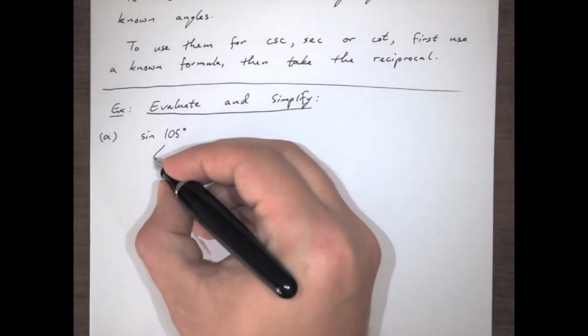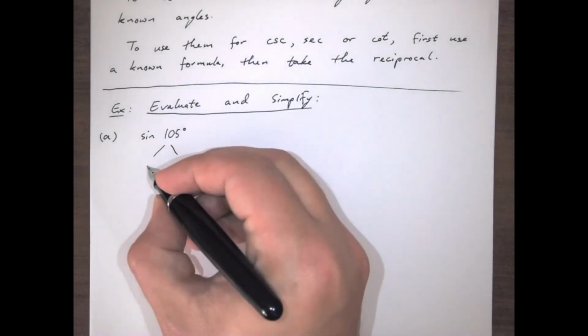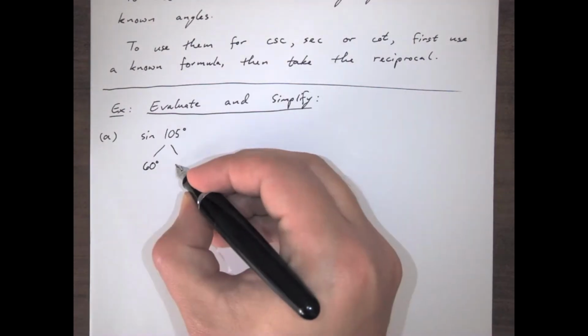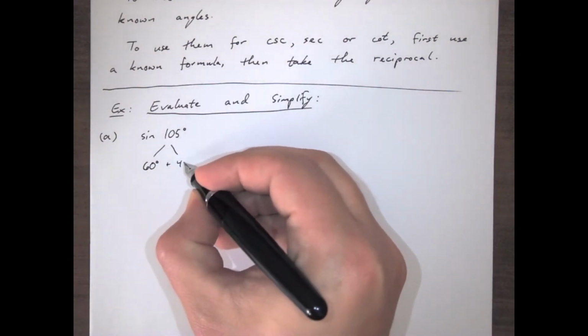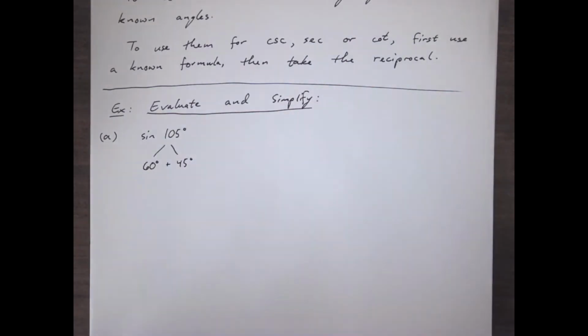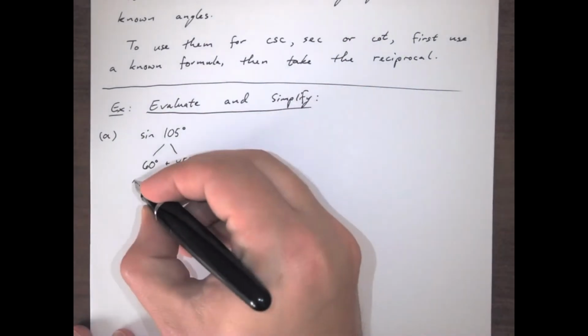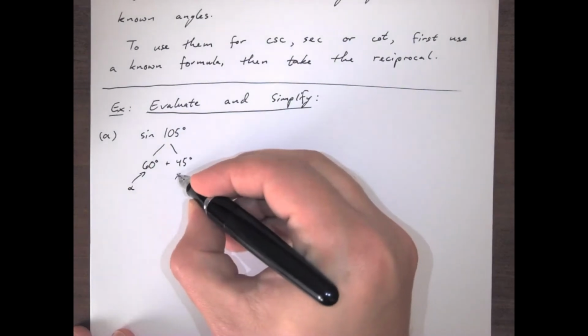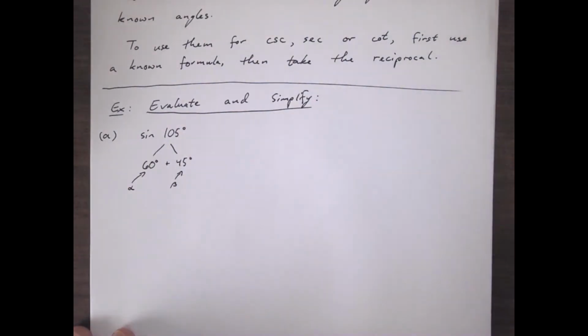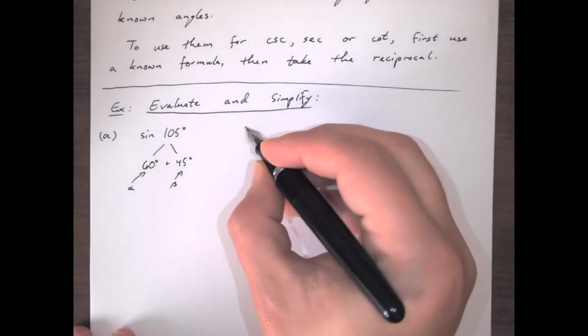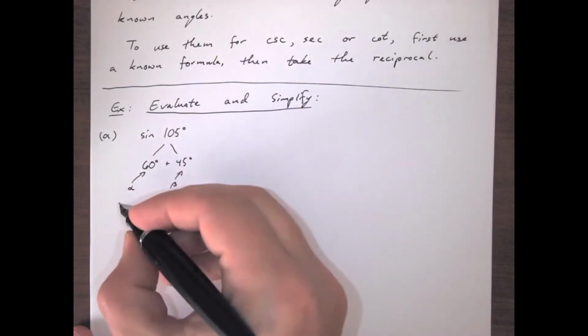And 105, we know that that is, for example, 60 degrees plus 45 degrees. So we'll make this one alpha, this one beta, and we can then just get to work.